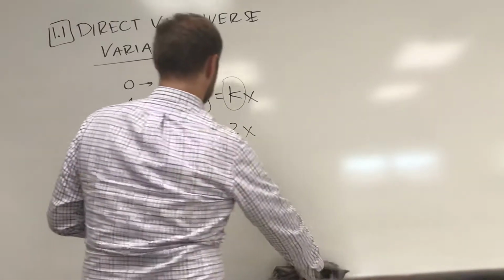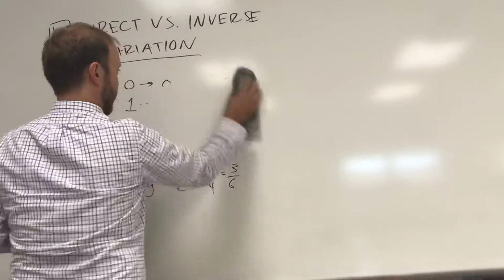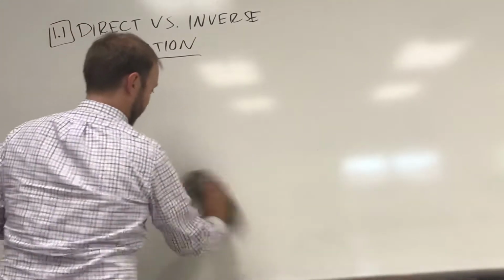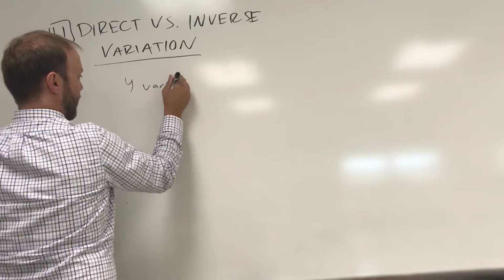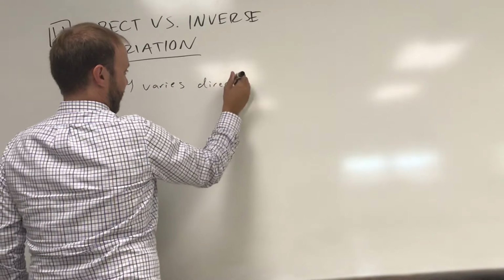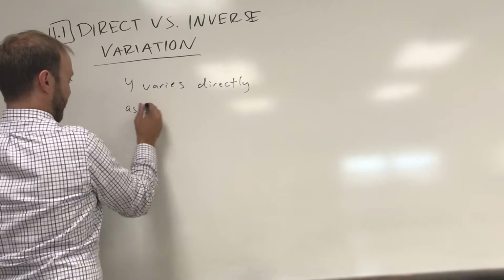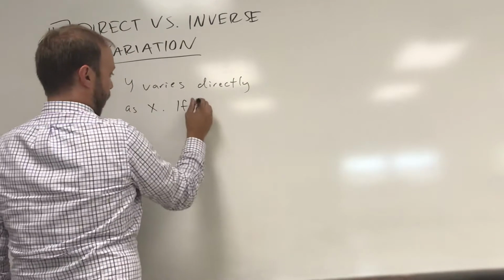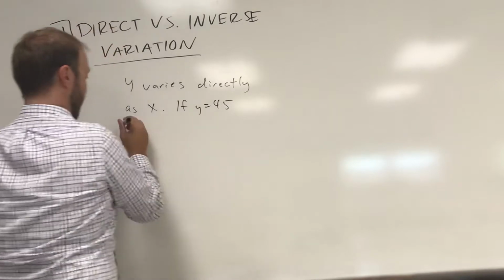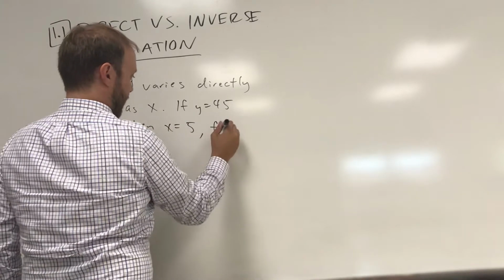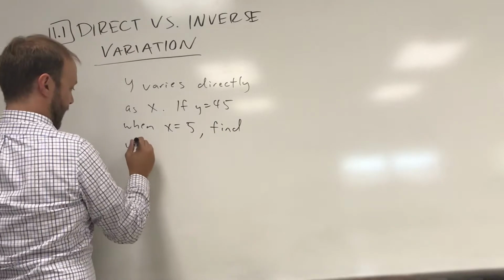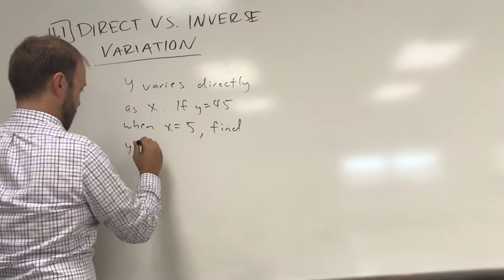So, for example, you might see some kind of relationship like this. You might see something like, y varies directly as x. If y equals 45 when x equals 5, find y when x is 8.